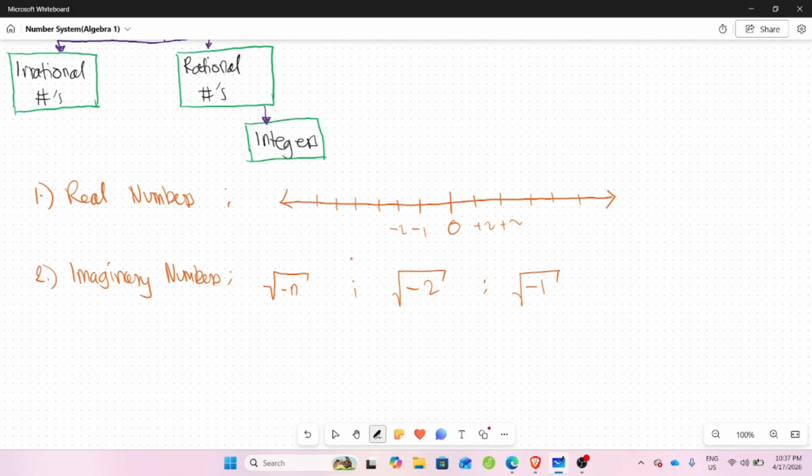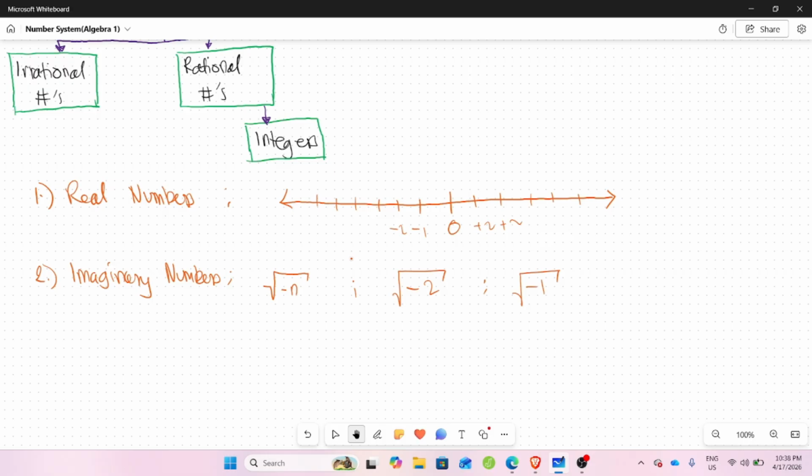This is actually very useful once we talk about quantum mechanics, because we're going to use imaginary numbers to describe the system. We use imaginary numbers because this is the only type of number that would work in quantum mechanics.